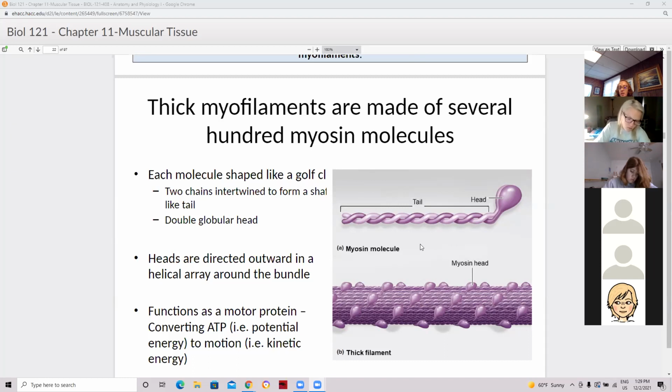The heads are directed outward in a helical array around the bundle. This myosin acts as a motor protein through its conversion of ATP, potential energy, to motion, kinetic energy.